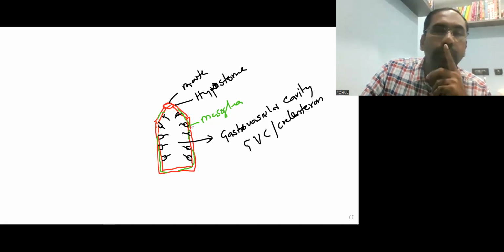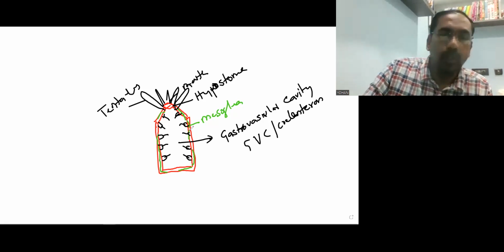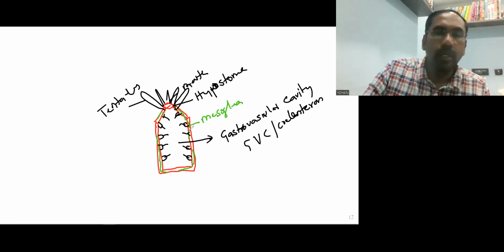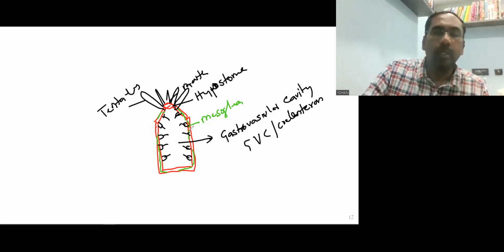Okay, I'll repeat once again. This is the body wall, which encloses a cavity called gastrovascular cavity, lined by flagellated cells.